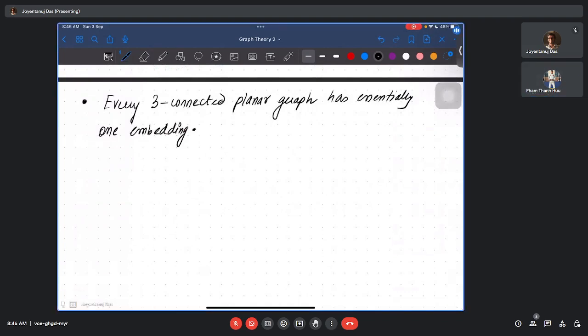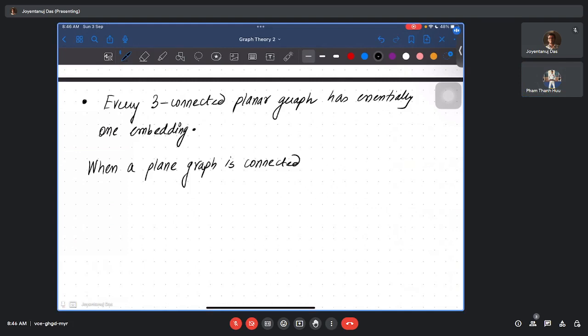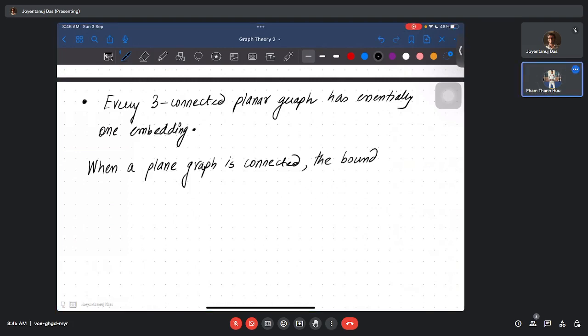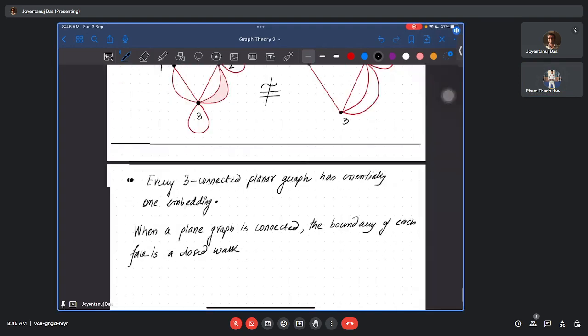And when a plane graph is connected, the boundary of each face is a closed walk, right? And what does it mean?